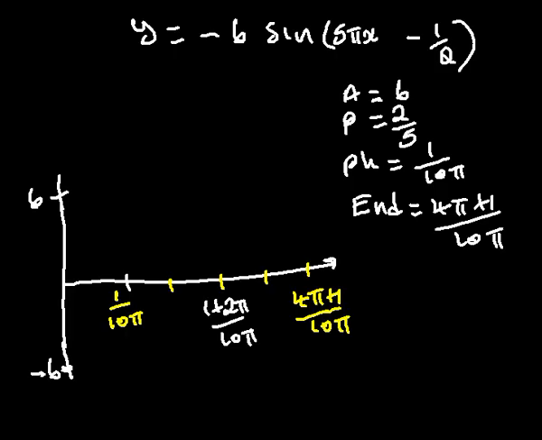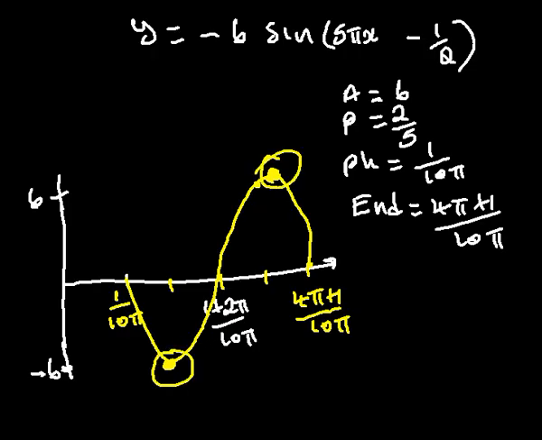It goes to this point, it also goes to this point. The graph will go like that, and the graph will go like this. So this is how the graph has to be. And basically this is the maximum point and this is the minimum point, so that you can have their respective coordinates.